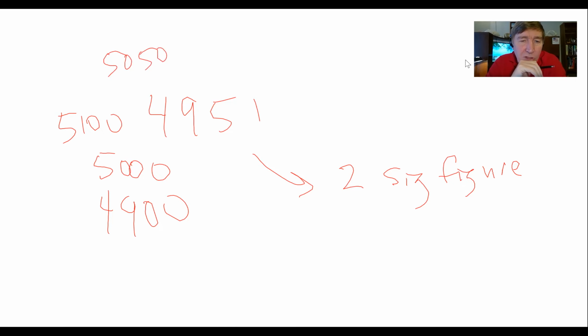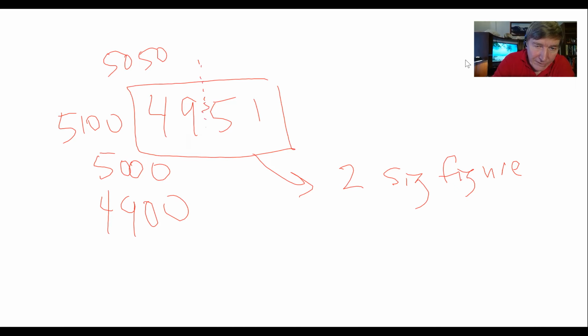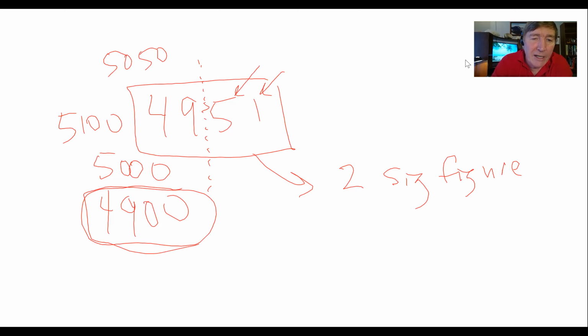So what we do is take the number we've been given and draw a dotted line after the second digit. The other digits we have to turn into zeros. So we either need to round this down to 4,900, or round it up to the next number that has two zeros there.